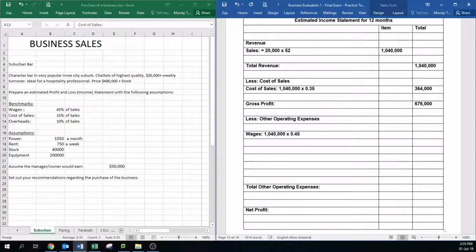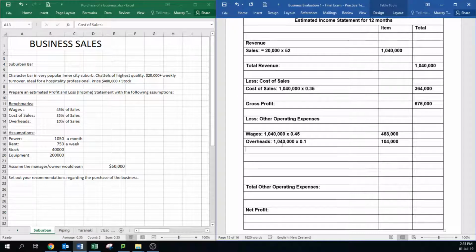So if you do the calculation, it's that. Note that I'm using the left-hand column because we're going to add these all up. So we've got some overheads. Again, this is based on sales, but it's only 0.1, so that's easy because we just lose a 0.